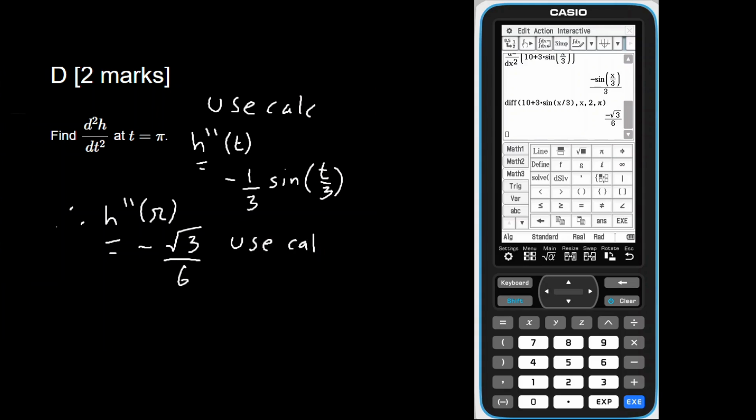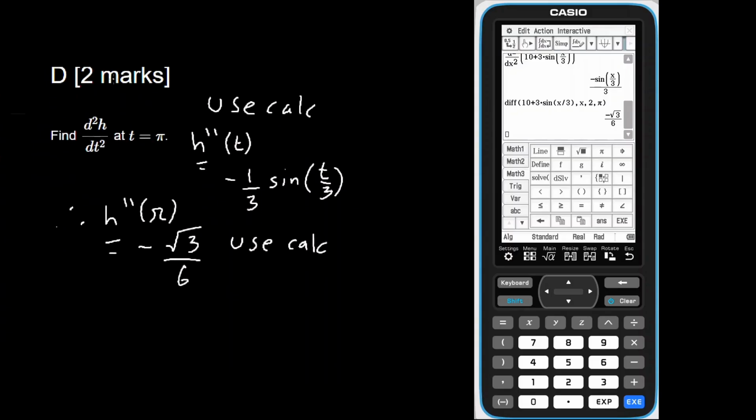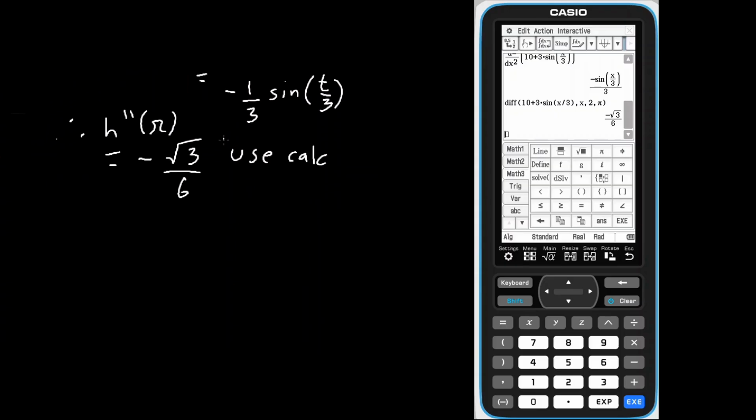Now you can, if you want to, it's 2 steps here, so there's 2 marks, so that's why I'm assuming there'd be 1 mark for writing out what the second derivative is, and then the second mark would be the actual value itself that you're substituting in. Otherwise, I would have said, just do this from the start and write it out, and then say to the marker, just use calc. But because of the 2 mark allocation, it's better to show 2 steps of working, right?